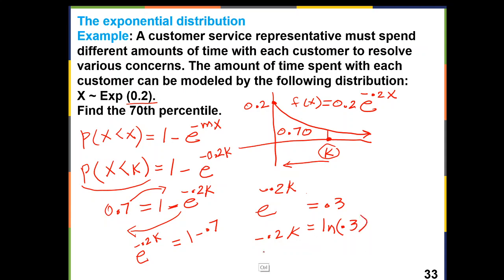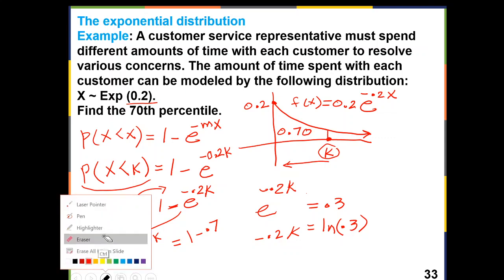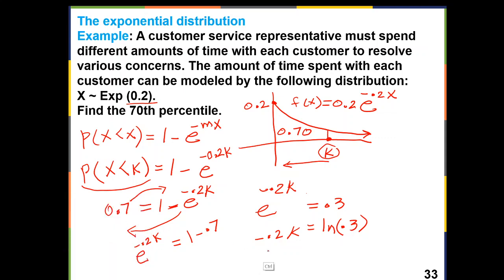So k is going to be, what is it going to be? It's going to be ln 0.3 divided by negative 0.2.